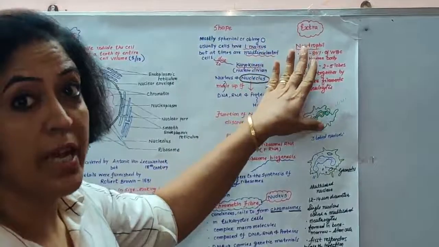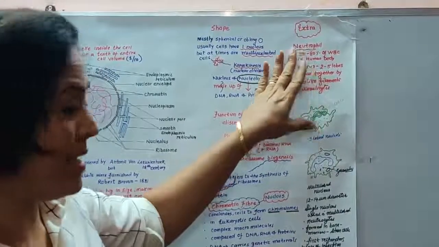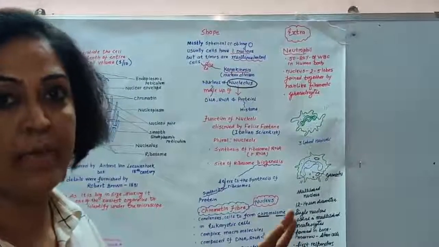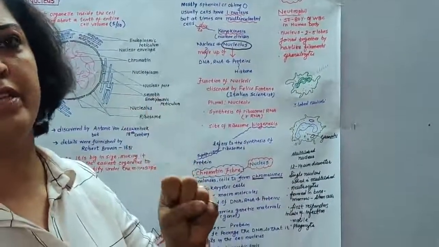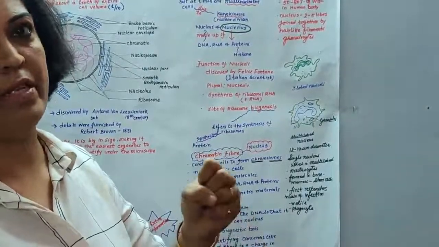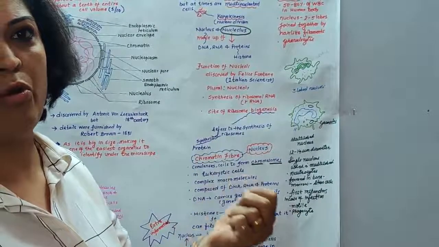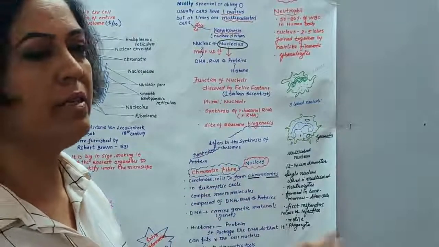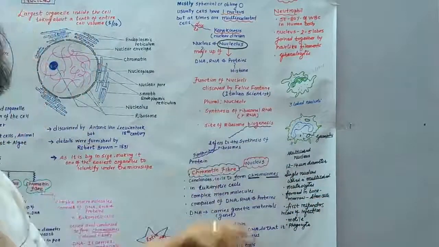It is very motile, mobility is there, and it is phagocytic in nature. That means it will engulf the pathogens, whether it is bacteria or virus or any microorganism which entered our body.